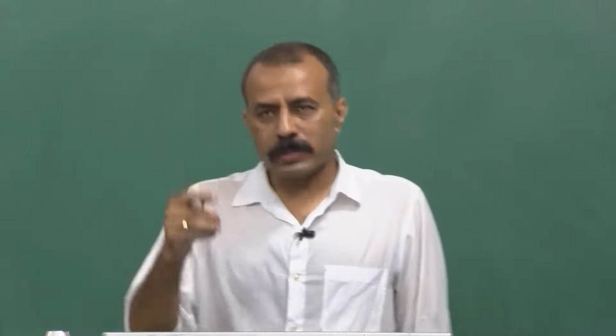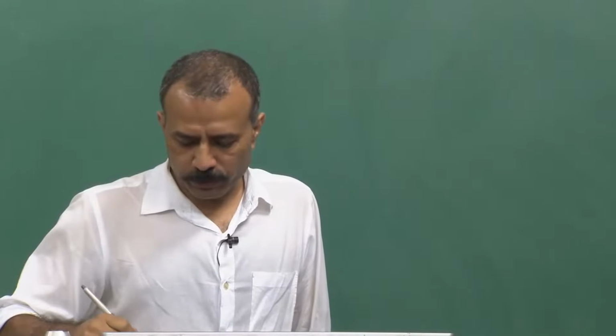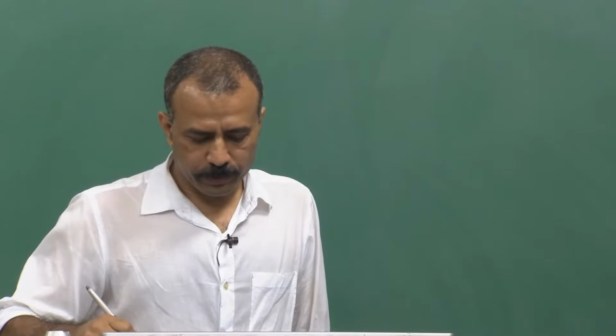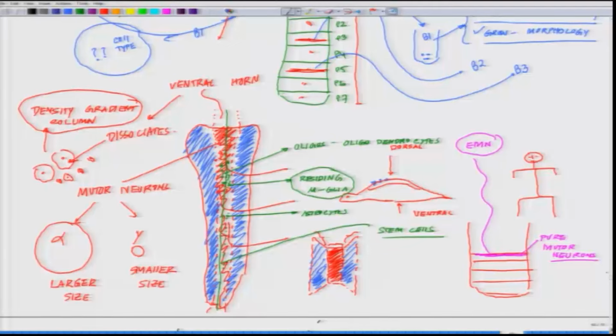So we started with, now think of it, where we started. First, it requires a proper dissection ability, step 1. Then it needs enzymatic dissociation, and then it requires density gradient centrifugation.